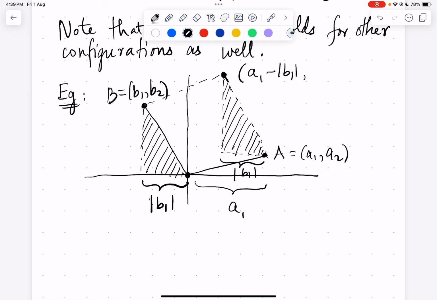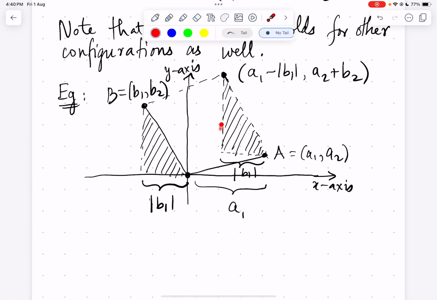And the second coordinate, the y coordinate of this point, is this height plus this height.